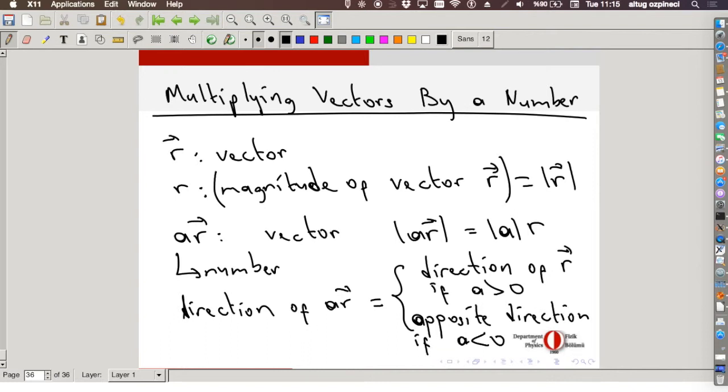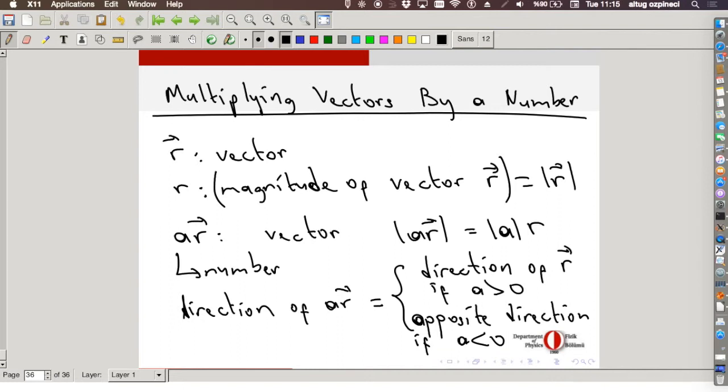This is independent of the magnitude of A, because the magnitude affects the total magnitude of A times R, but the direction depends only on whether A is positive or negative. So if a given vector R is 2 meters in that direction, minus 0.1 R is just 0.2 meters in the opposite direction. So if you multiply a vector by a negative number, it just changes its direction. So that's one thing you have to keep in mind.